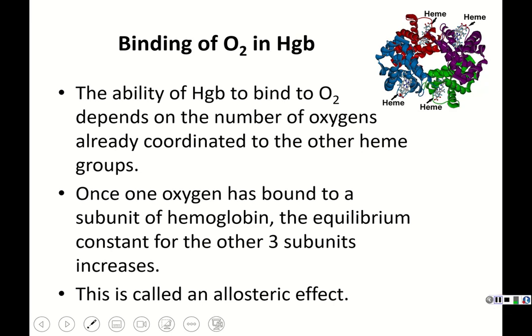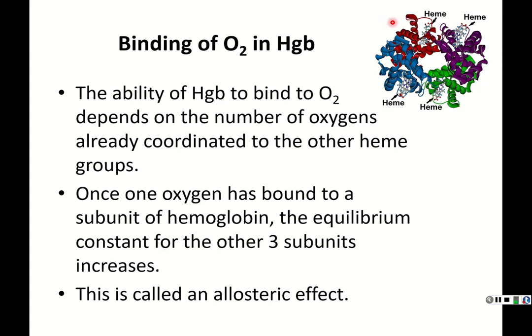So the ability of hemoglobin to bind oxygen depends on the number of oxygens that are already coordinated to other heme groups in the molecule. So once one oxygen binds to a hemoglobin, let's say just in this red subunit, the other 3 subunits now bind oxygen stronger, because the equilibrium constant for the other 3 subunits changes.